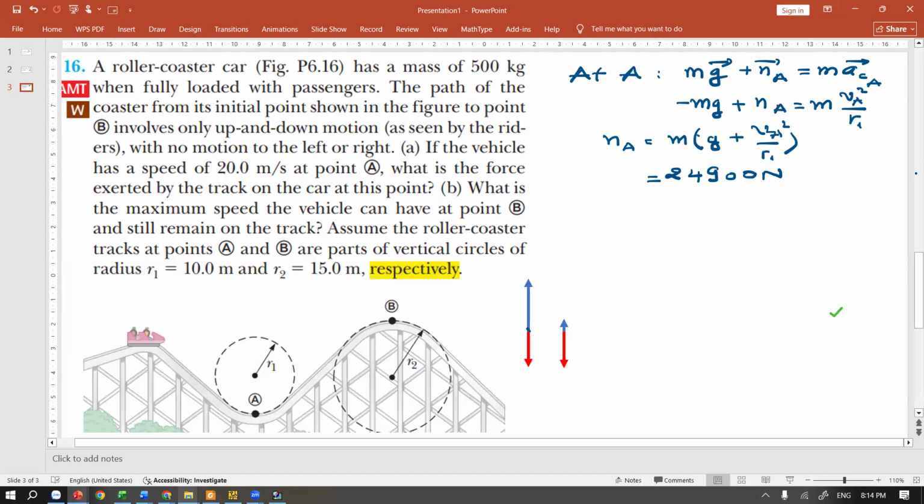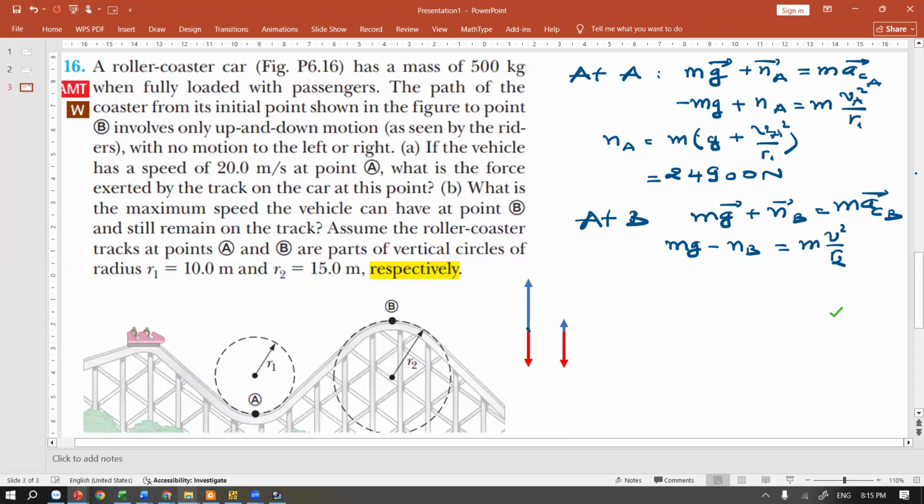Okay, at B, the question is different, but we use the same methods. At B, you have mg minus NB equal to m v_B squared over R2, right?